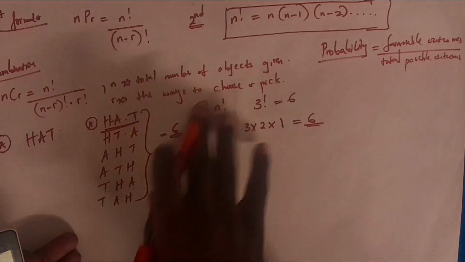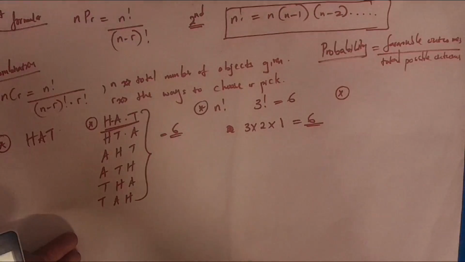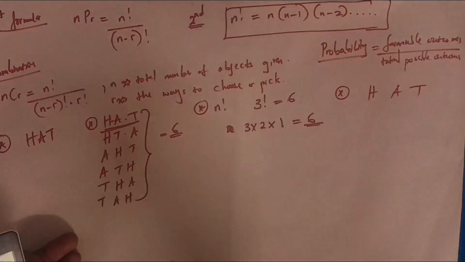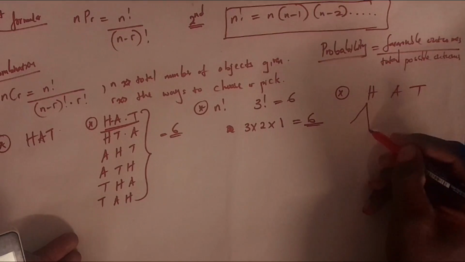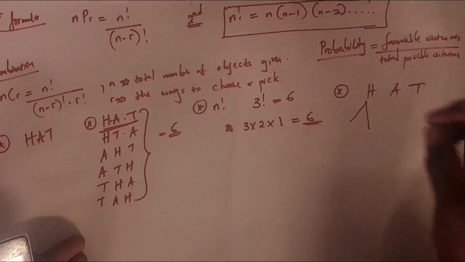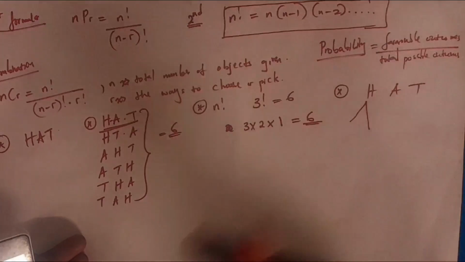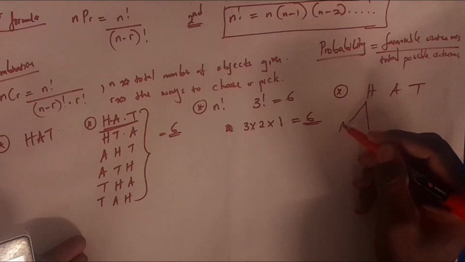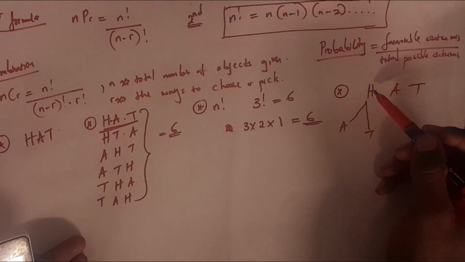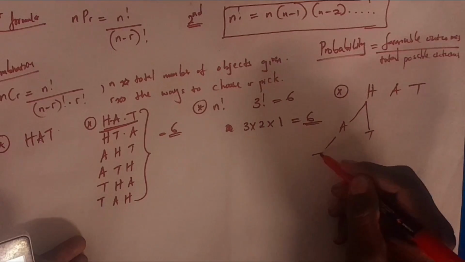Now you can find the permutation this way, or you can also use the tree diagram to find the permutations. For example, here on "hat", you can develop your tree diagram. If you start with the letter H, because we have 3 letters here, it means it's going to be followed by A or T. If your letters are H, A, now it means the T is the one which is going to follow.